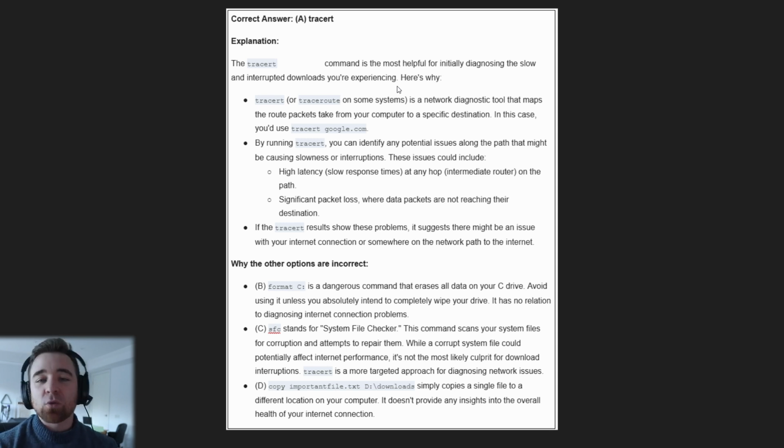So let's go over what traceroute is and relate it to some of the other related commands you might be using. Traceroute is essentially tracing the route of your data packet. So it's saying, okay, it started here, it then went to the next hop.